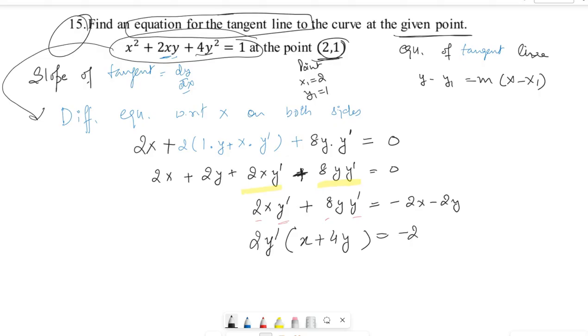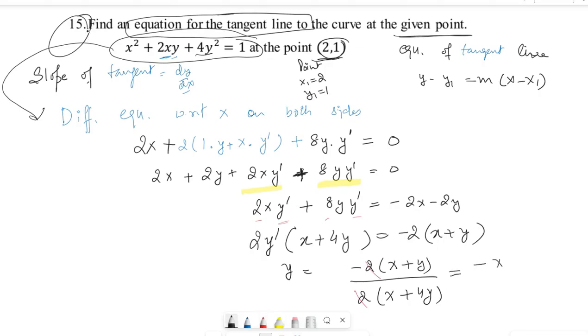Here also I can factor out negative 2, and I'll be left with x plus y. So y prime is negative 2 times x plus y divided by 2 times x plus 4y. And you can notice 2 cancels. So what do we have? Negative x plus y divided by x plus 4y. That is your y prime.